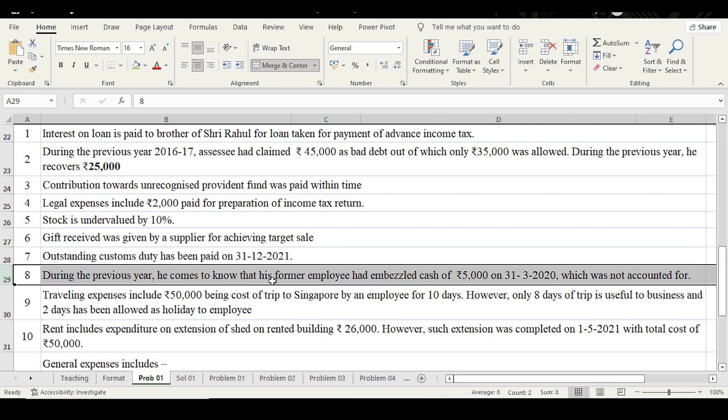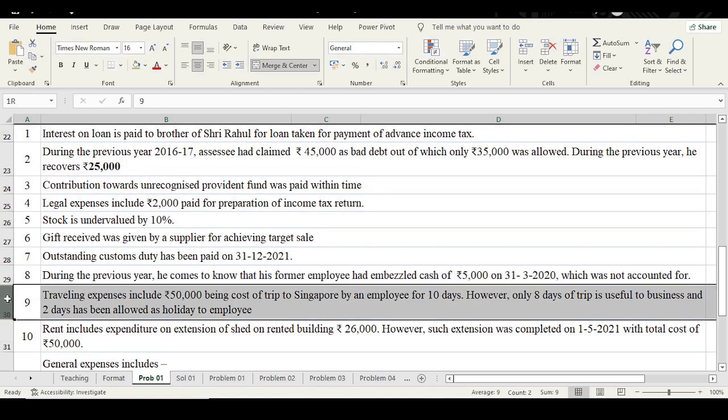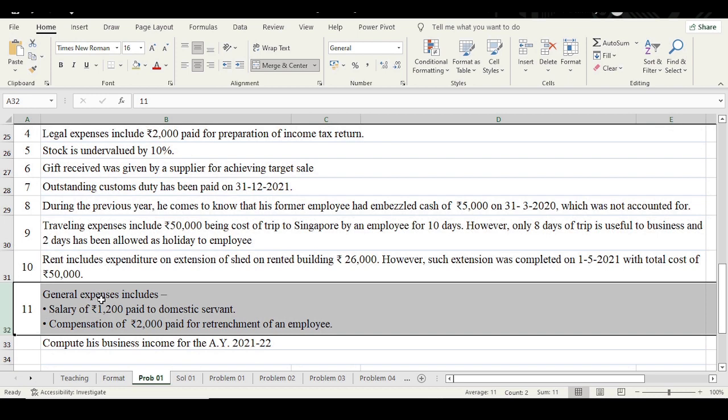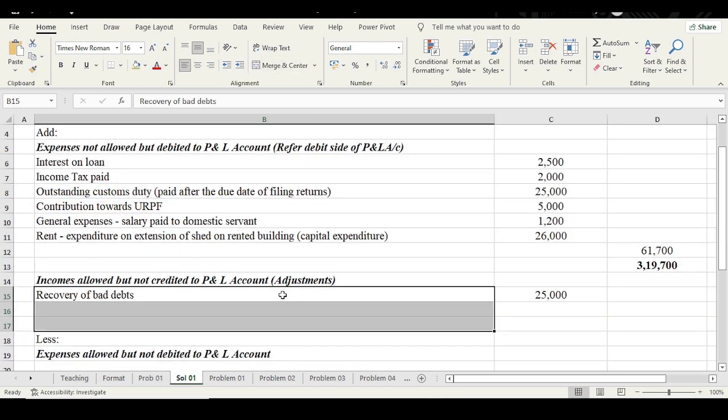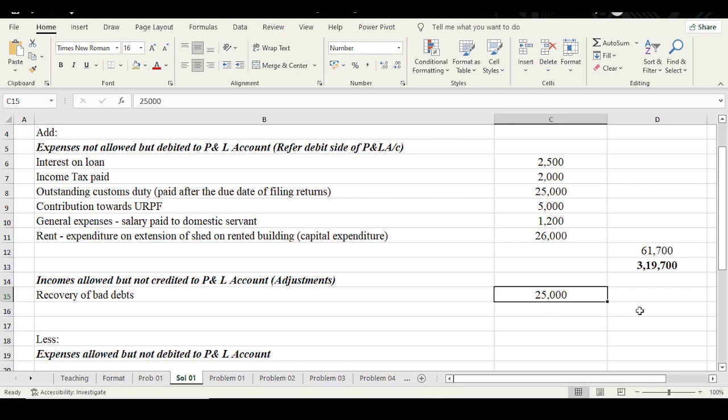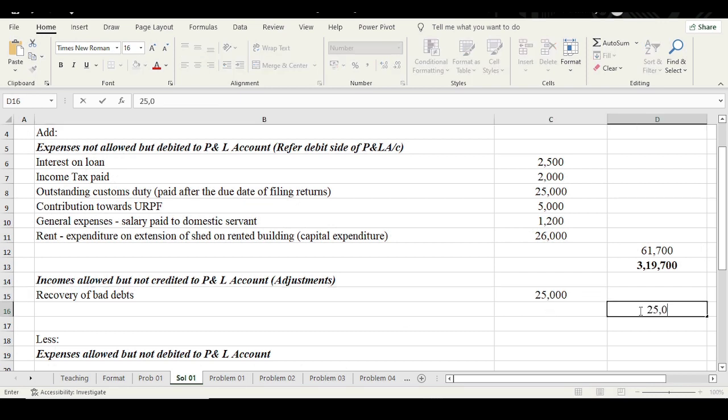During the previous year, he comes to know that his former employee had embezzled cash. Now, this is again a loss. As such, it is not an income. Traveling expenses, again expense, not an income. Rent expense, not an income. General expenses is also an expense, not an income. So there are no items except for recovery of bad debts. There is no other item. So this 25,000 needs to be added to the above figure.